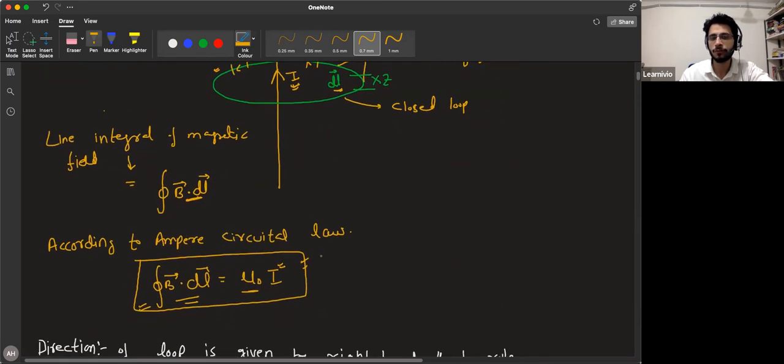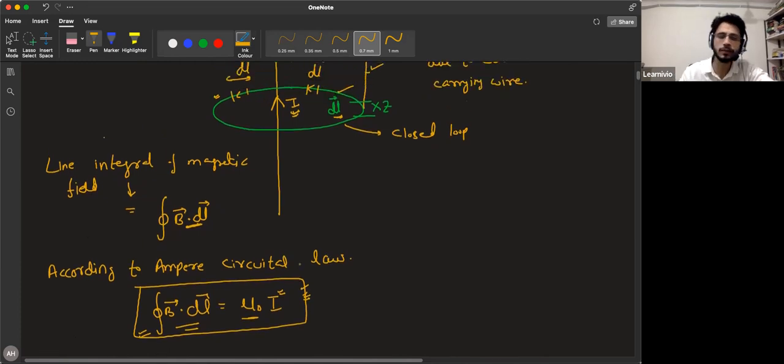This is Ampere's Circuital Law. The line integral of magnetic field over a closed loop is mu naught times the current I passing through the loop. There is one more concept here. Okay, before that, I just want to ask something.